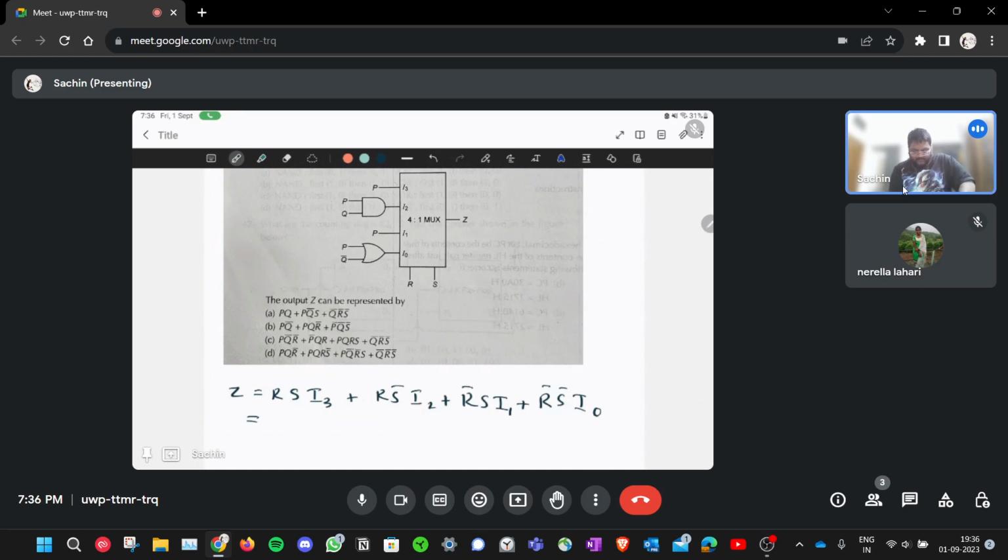So I3 is P. This is RSP plus RS bar I2, which is PQ, so RS bar PQ, plus R bar S P plus R bar S bar I0, which is P plus Q bar.